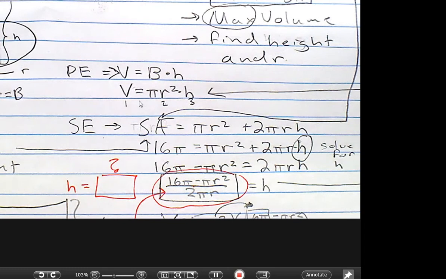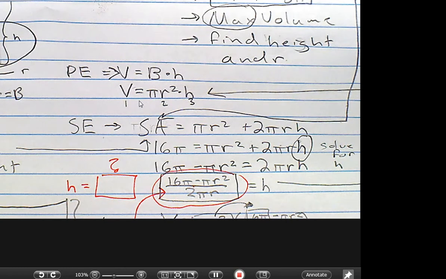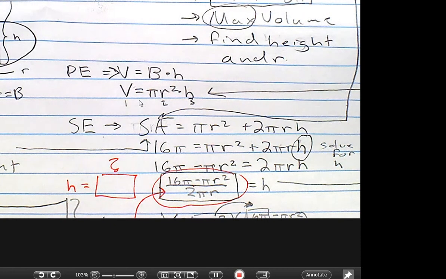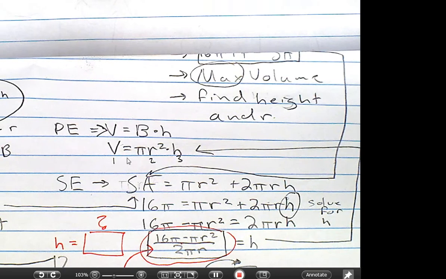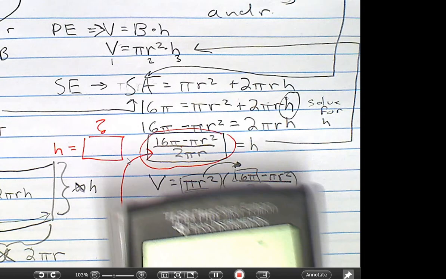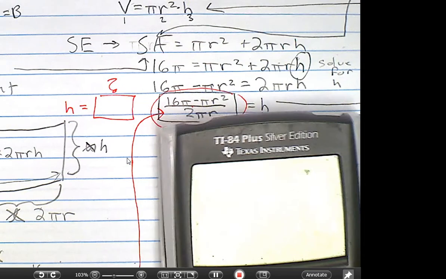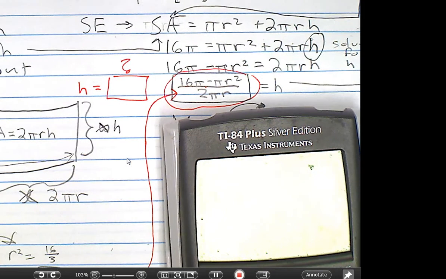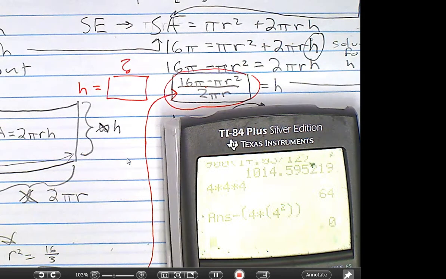Any questions? It's all calculator work from here. If you're confused on how to plug it in your calculator, maybe I can help. So we got 4 over the square root of 3, right?